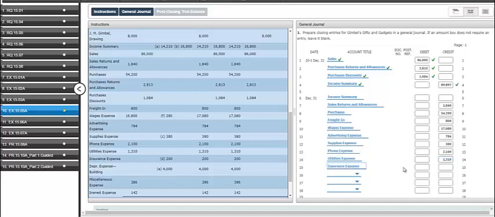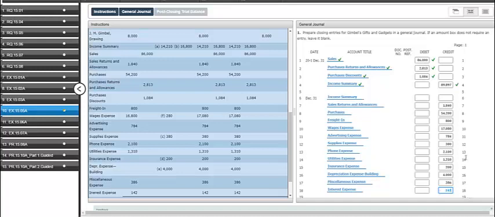Insurance expense, we're crediting for $200. Depreciation building gets credited for $4,000. Miscellaneous is credited for $386, and interest expense is credited for $142.